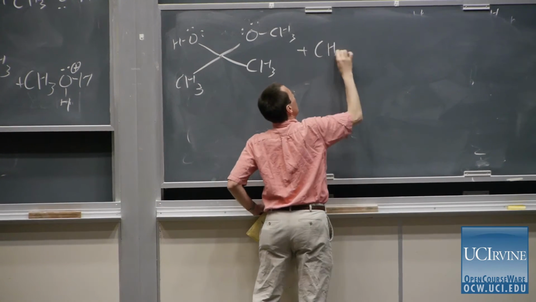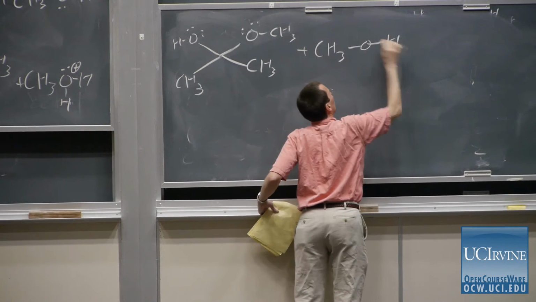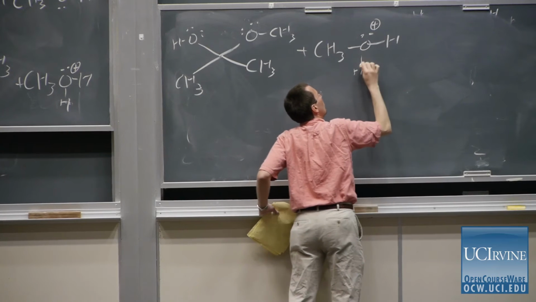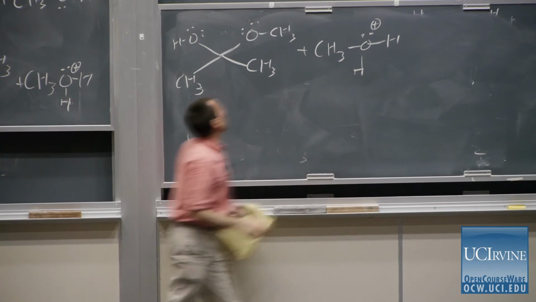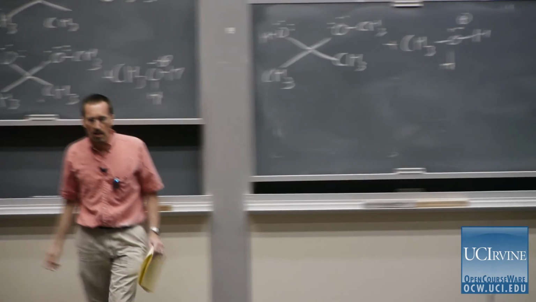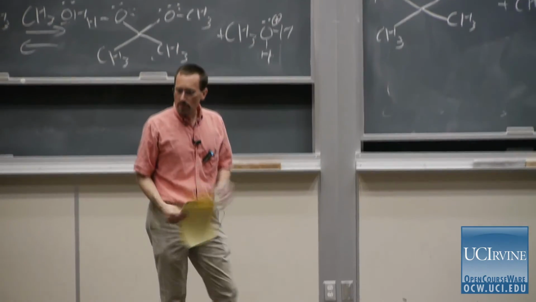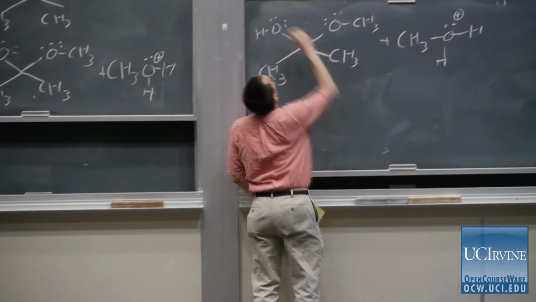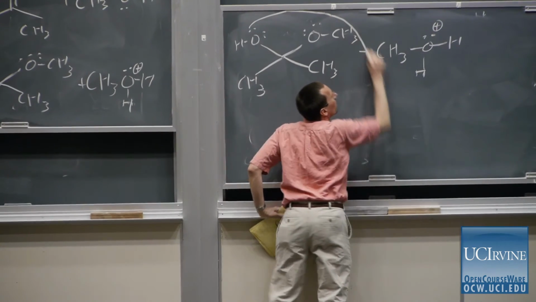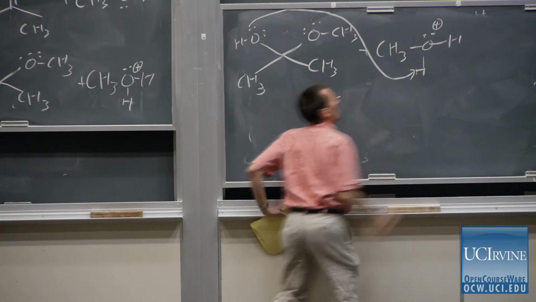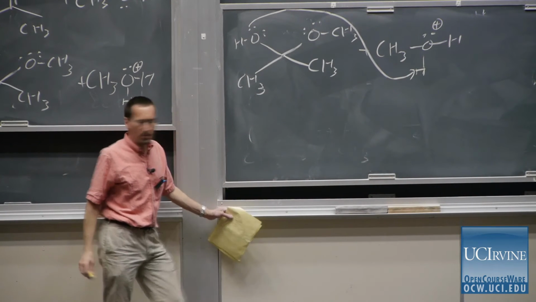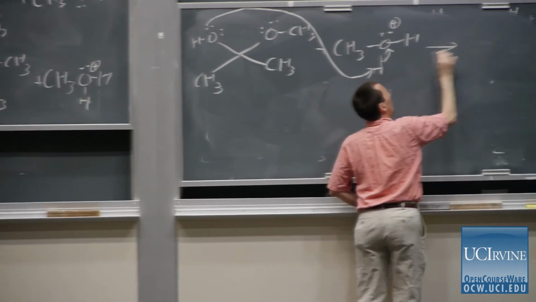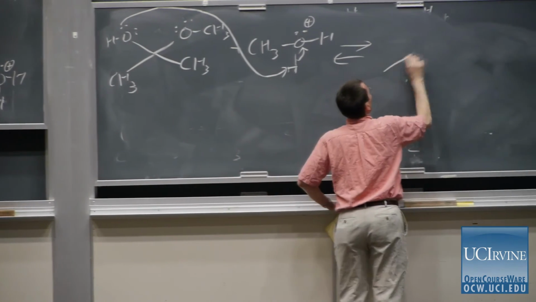Here's our protonated methanol. And I'll go through a little bit more slowly, a little bit more carefully now. We'll put a proton onto the hydroxy group. Electrons flow from the lone pair to the proton. Electrons flow from the proton back onto the oxygen atom.